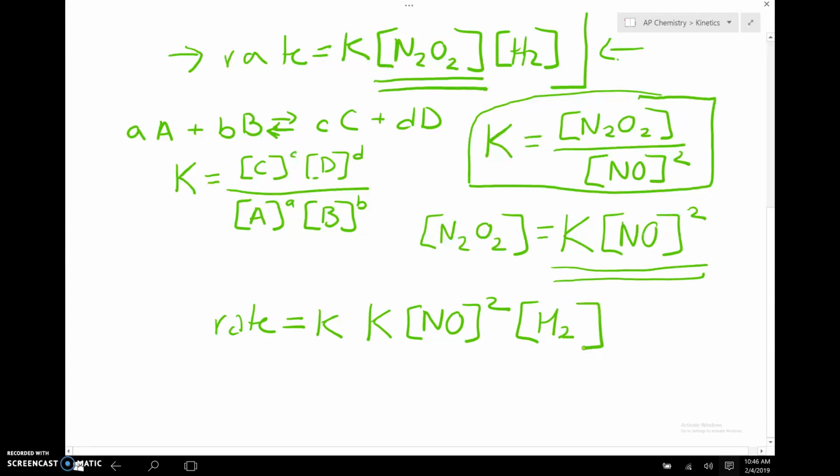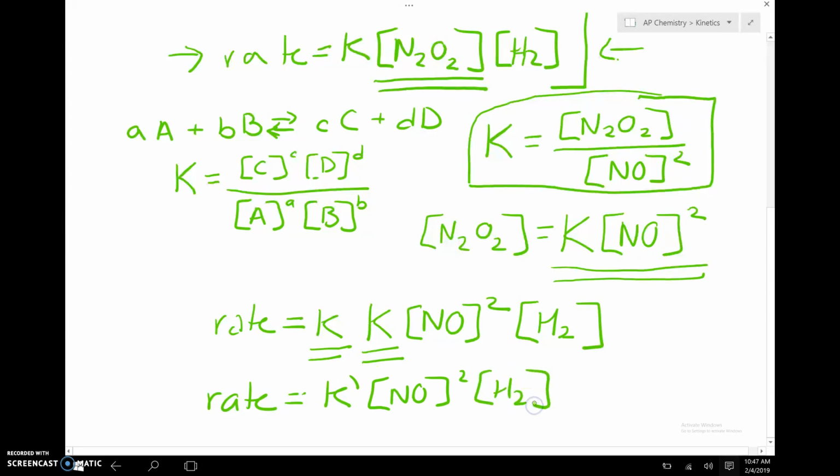Okay, now this rate law looks funny because I have 2 K's. This is supposed to be a lowercase k, this is supposed to be a capital K. Everything looks crazy. Turns out it doesn't matter. We are allowed to combine those 2 K's. Sometimes the book writes it as K prime. It's okay if you do, it's okay if you don't. NO squared H2.